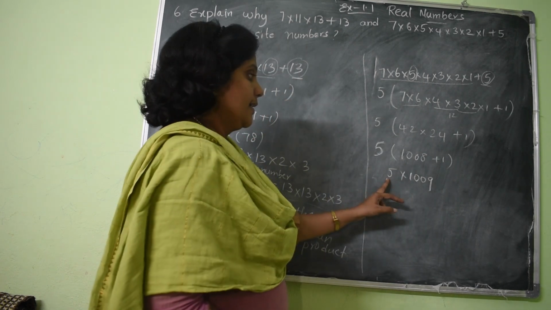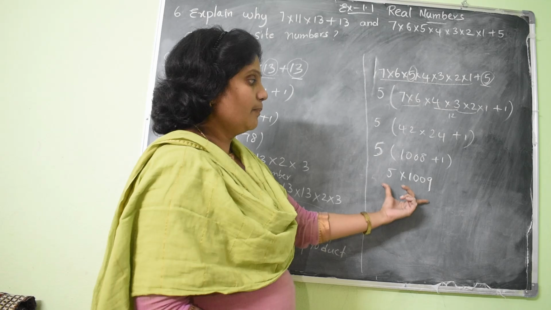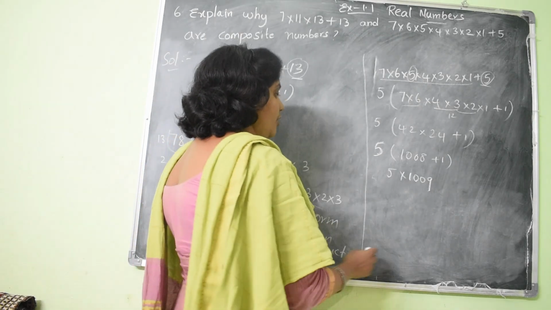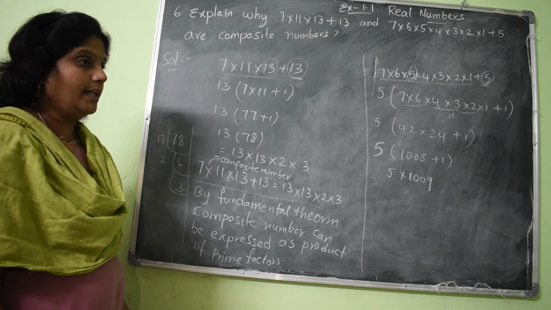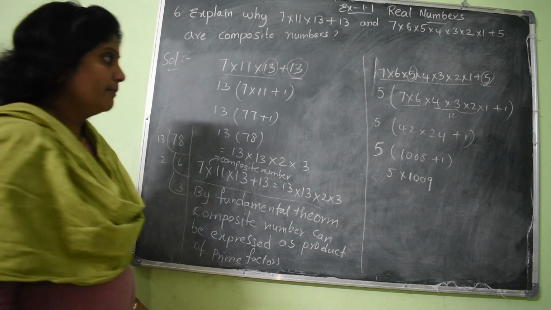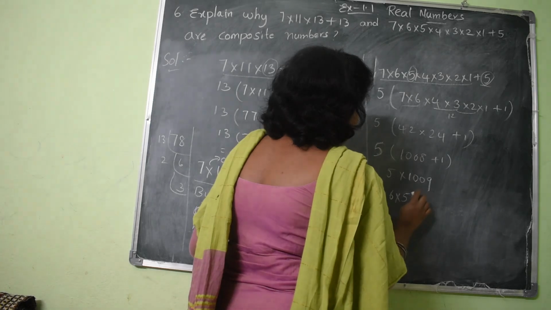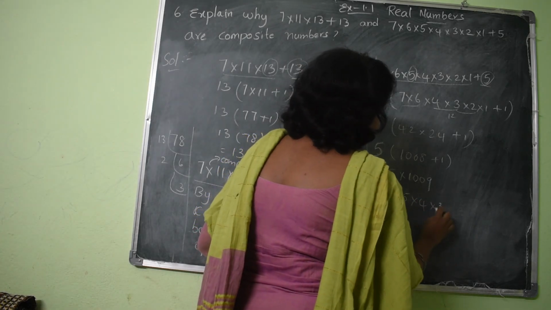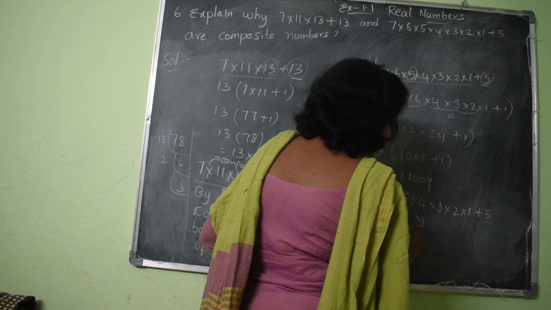Now we can see these two are also prime numbers, so we are able to write this number as a product of prime factors. Therefore, by the fundamental theorem, every composite number can be expressed as a product of prime factors. So this number is also a composite number.